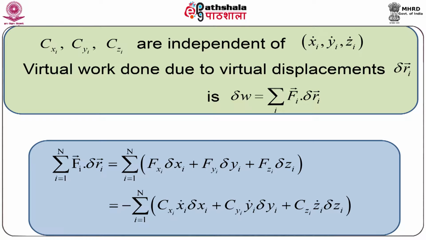As we are considering the virtual displacement, we get the virtual work. It is well known that work done is force into displacement. So, we have delta W equal to summation over i of Fi vector dot delta Ri vector.